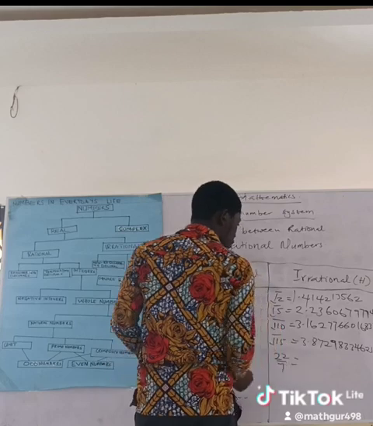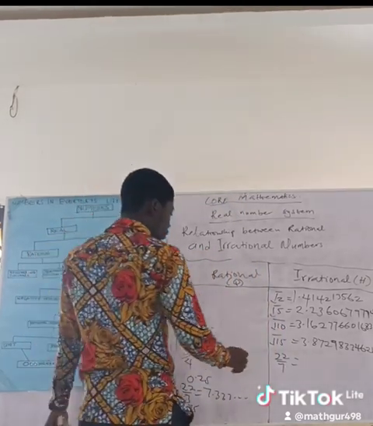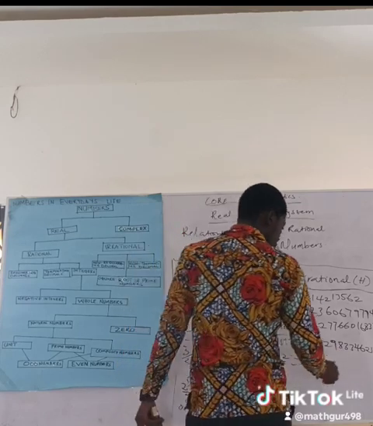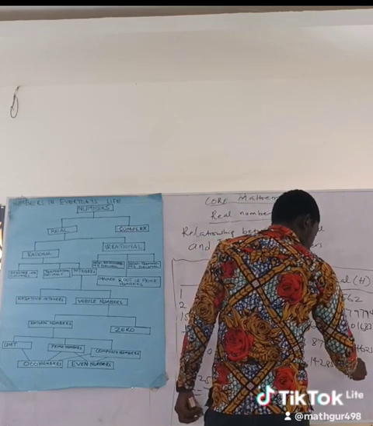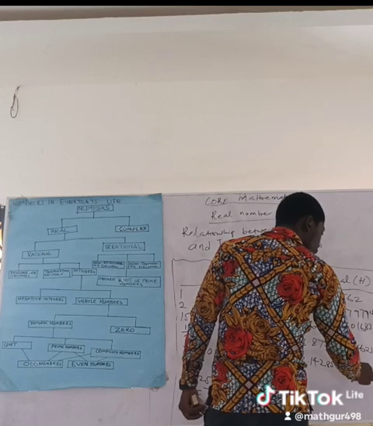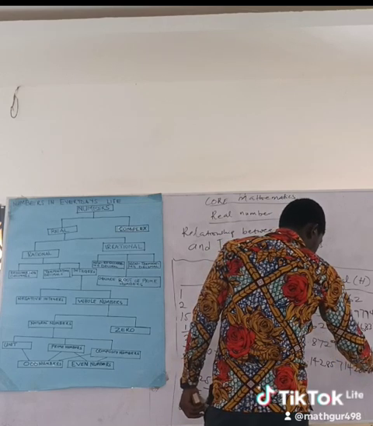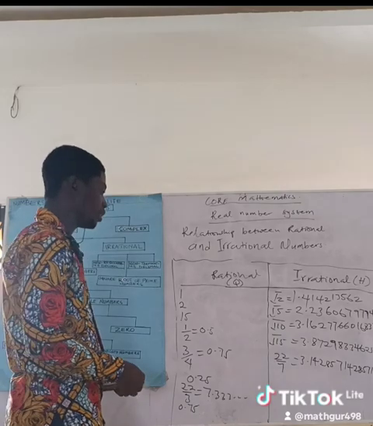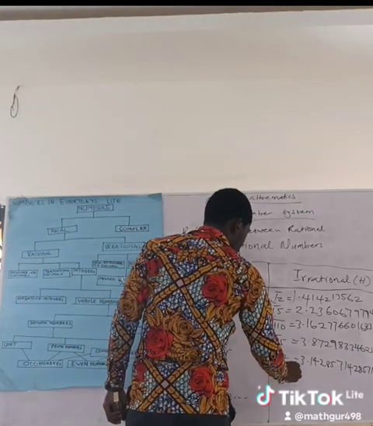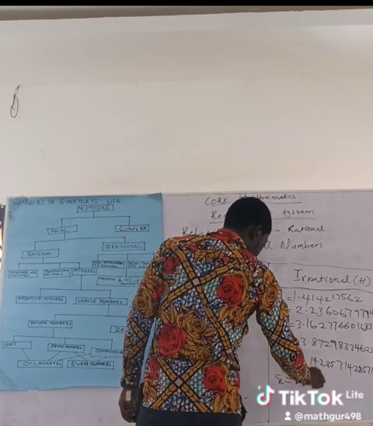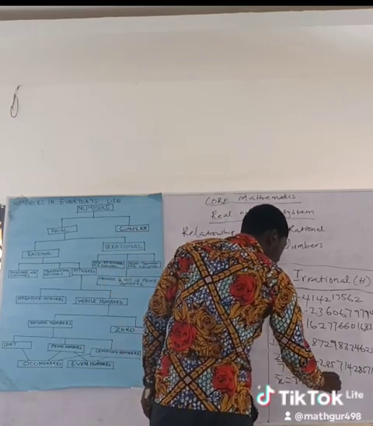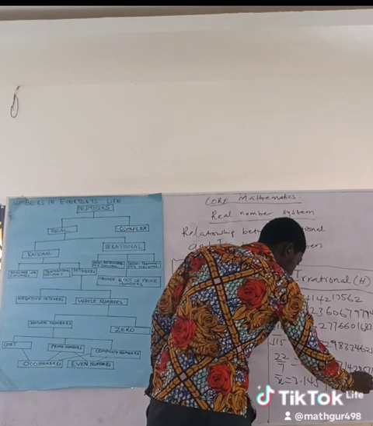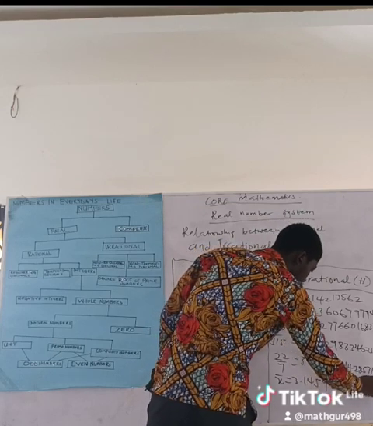22/7 is also an irrational number, which is 3.1428571428571442. Then you have pi. Pi is also an irrational number, which is 3.1459265359.